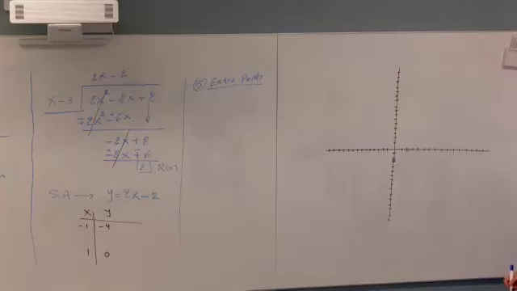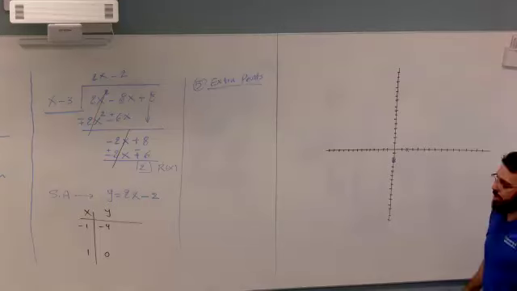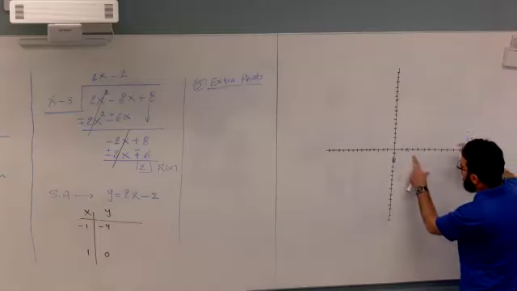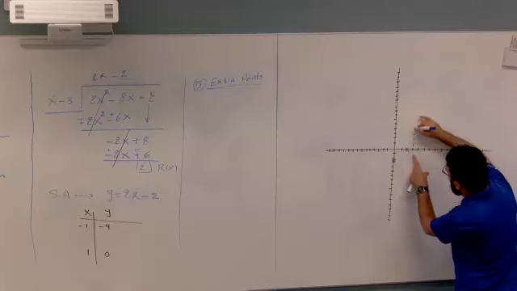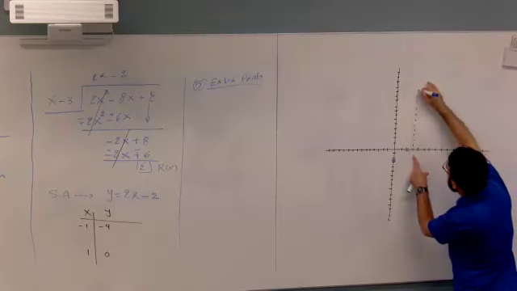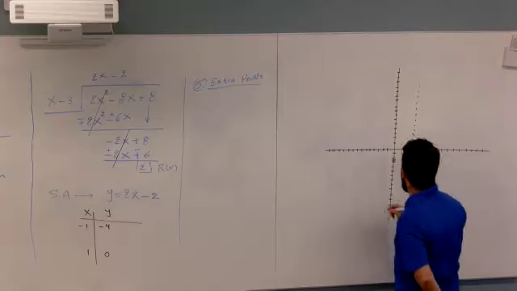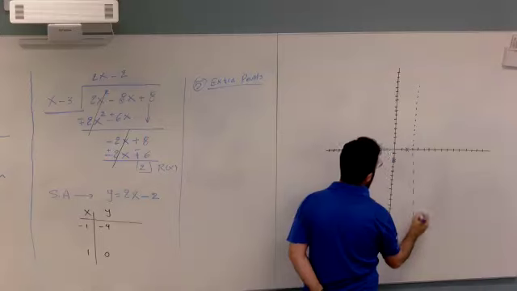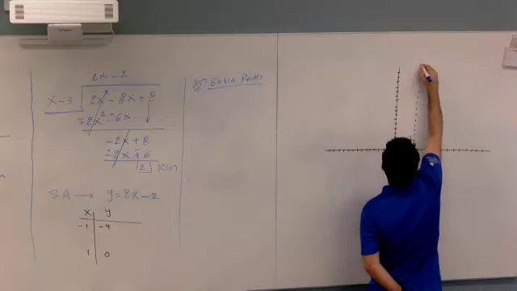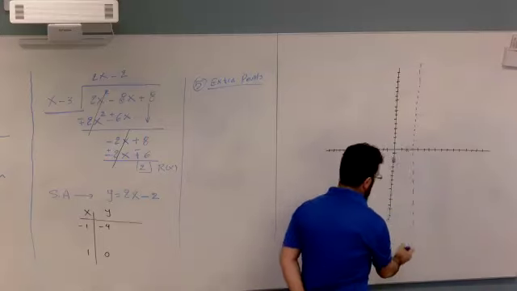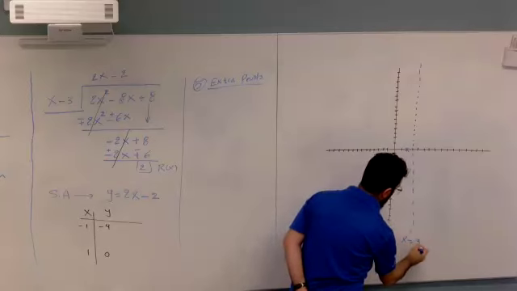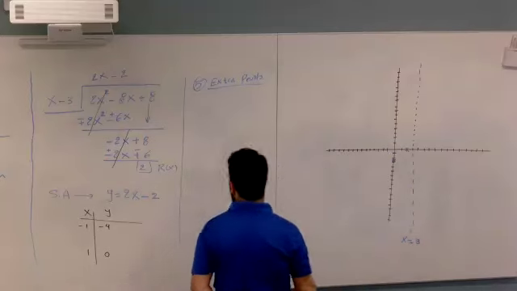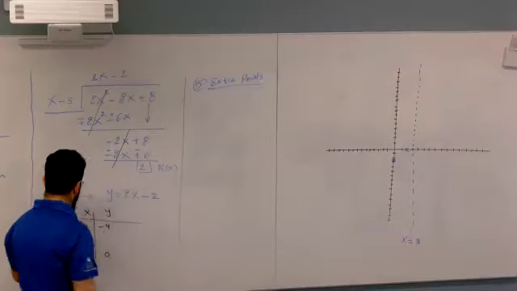The vertical asymptote, which is x equals 3. This is x equals 3. And the slant asymptote. That's the graph.